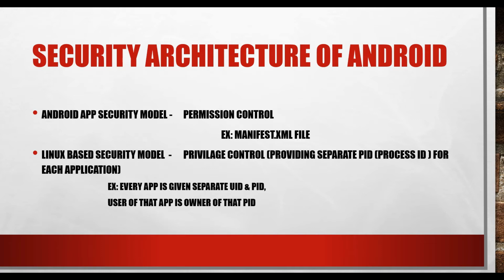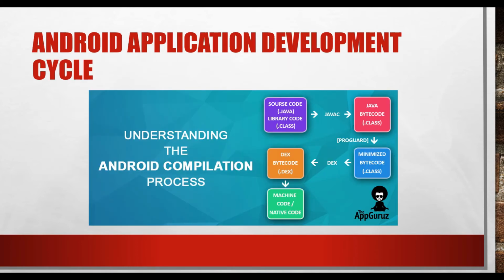In most cases, devices come non-rooted from the manufacturer. Whenever an application is installed on the Android device, each application will have its own process. Whenever an application is launched, it will have one unique package and one unique process ID, and it will be different from all the other applications running on the same device.